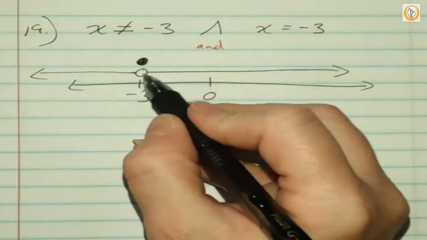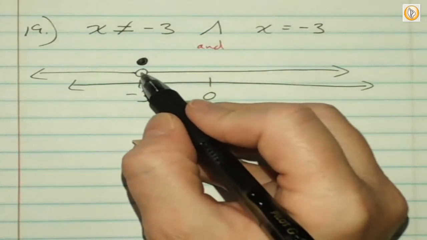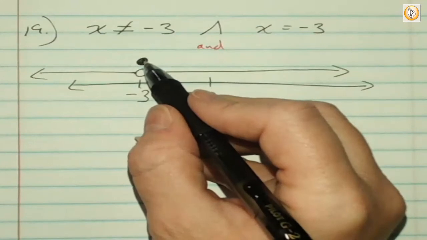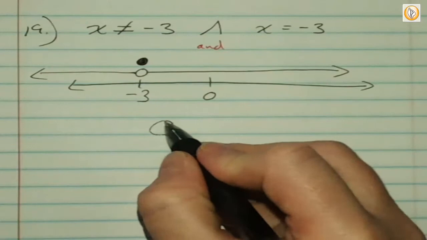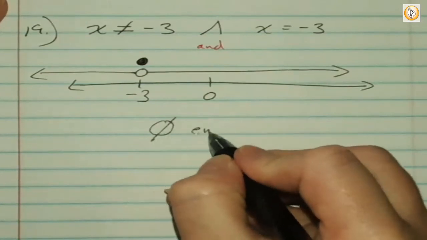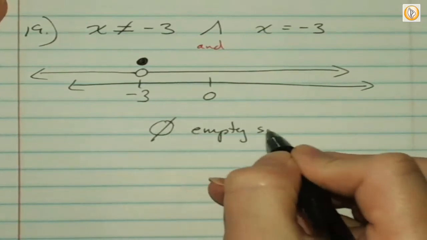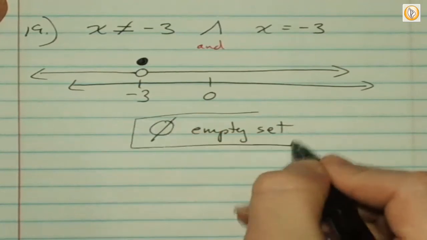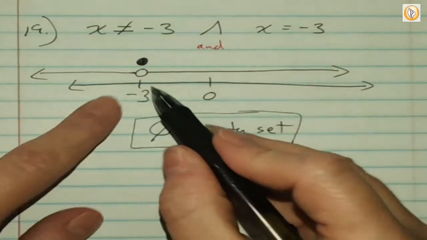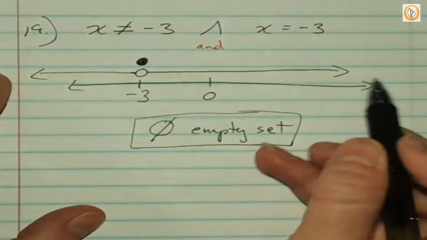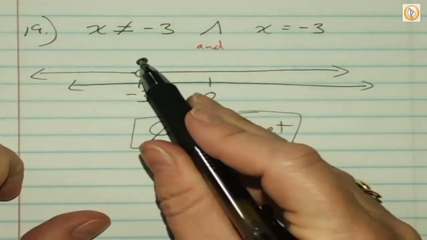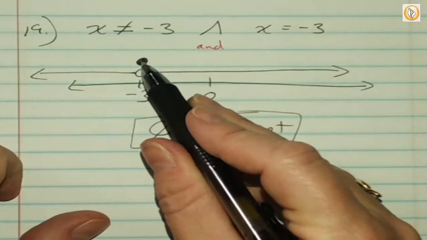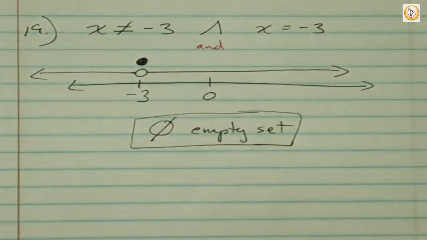This one does not include -3. This one does. So, Cecilia, do they have anything in common? Empty set. They have nothing in common. This first one, all the numbers except for -3. This one, only -3. They have nothing in common.